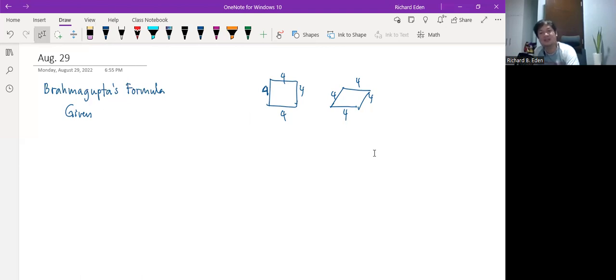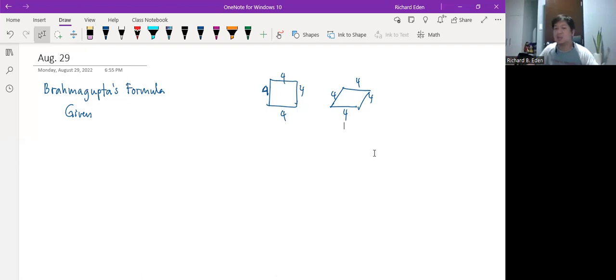But okay, at least it's clear that the four sides are not going to be sufficient to determine the actual shape of the quadrilateral, and therefore the lengths of the four sides will not be enough to determine the area. This is unlike a triangle, because in a triangle you have the SSS congruence theorem: if you have two different triangles and the three sides of each are the same, then the two triangles are congruent.